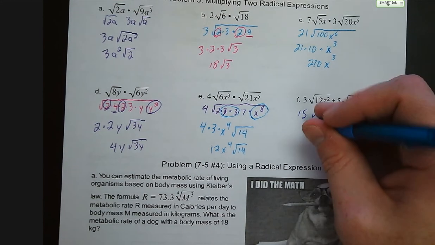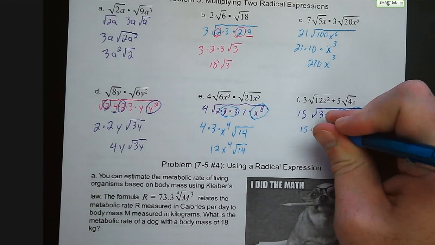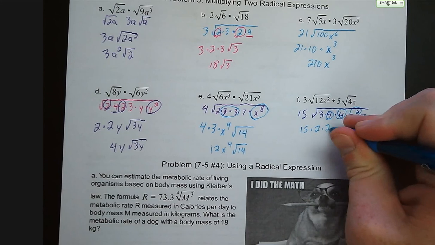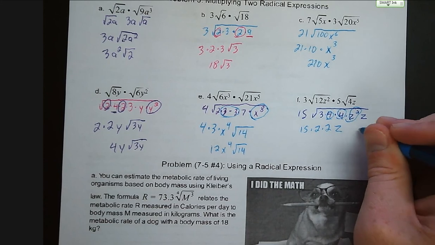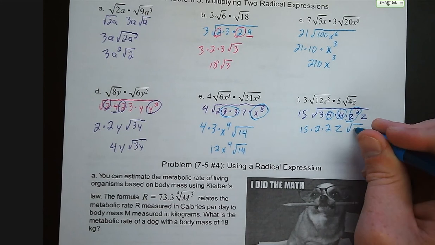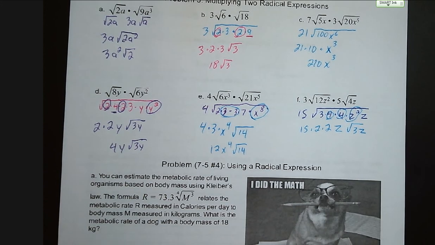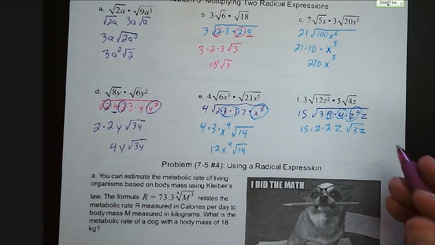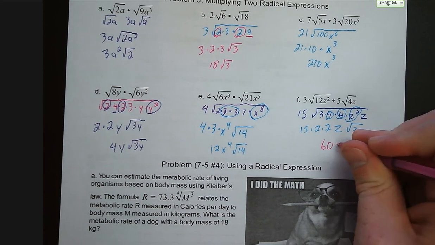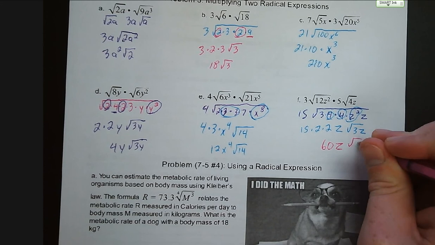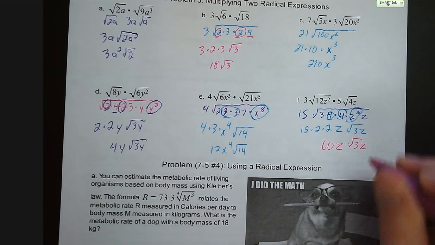So I get 15 times 2 times 2 times z times the square root of 3z. Last thing, I just need to combine. 15 times 2 times 2 is 60z times the square root of 3z.